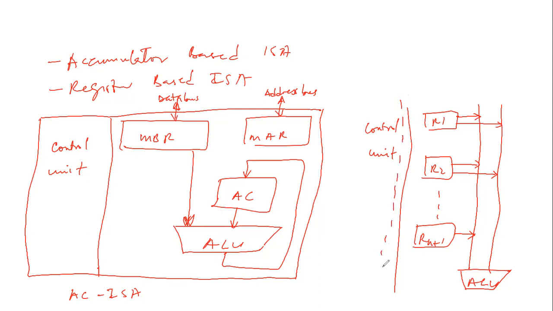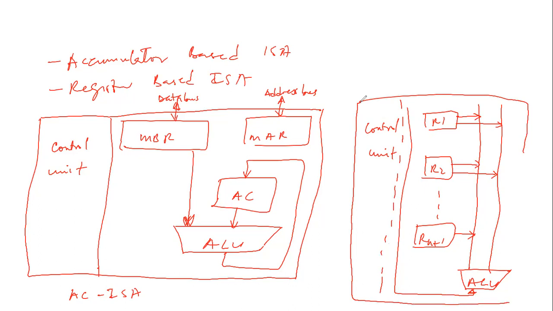We have the control unit that way. And then this is connected to this, right? So this now is the register-based ISA. Okay.